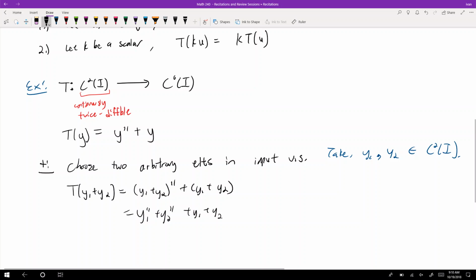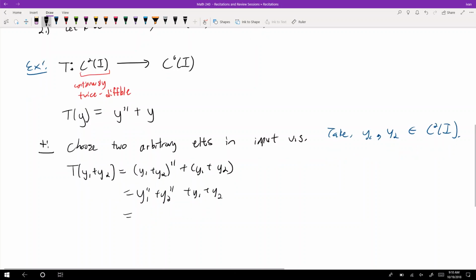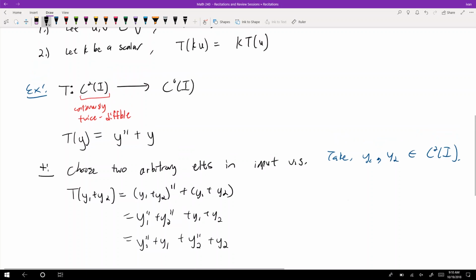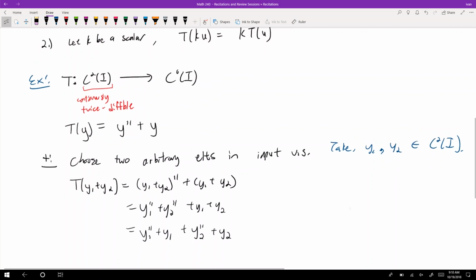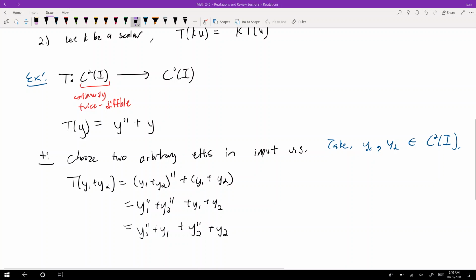And then let's just match terms. So let's have the y1s be aligned next to each other, have the y2s be aligned next to each other. Okay, but what is y1 double prime plus y1? Yeah, exactly.